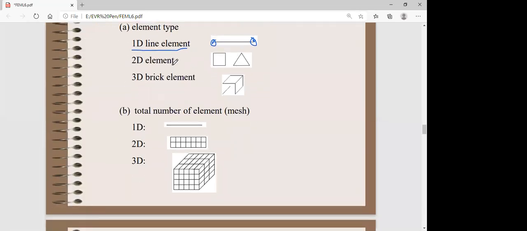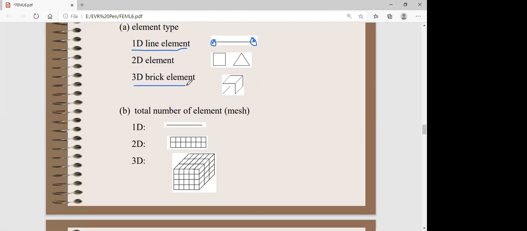And 2D elements are quadrilateral elements and triangular elements. The corner points on a 2D element we call nodes. A quadrilateral element has 4 nodes, and a triangular element has 3 nodes.